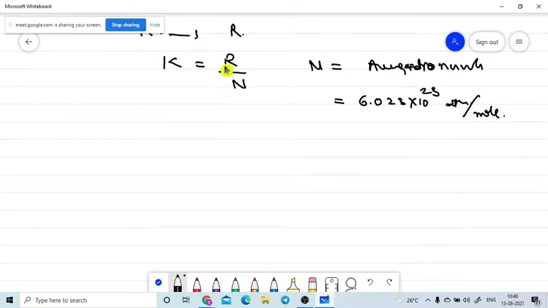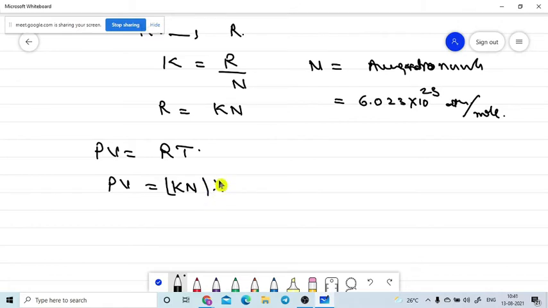So we need to remodify this equation in terms of R is equal to K into N. The basic formula is PV is equal to capital RT. Just substituting this formula, PV is equal to K into capital N into T. This is the formula for the ideal gas equation in terms of Boltzmann constant, K into N into T. Sir, and 1 mole here, sir?